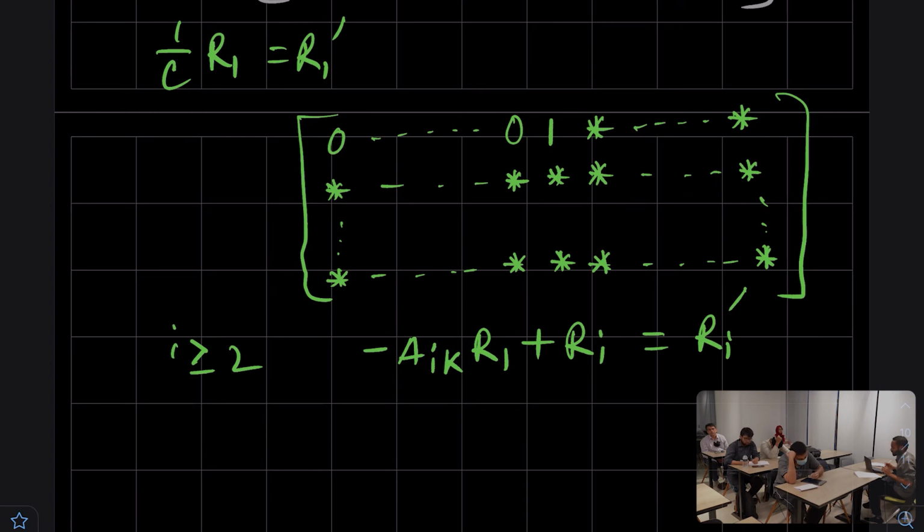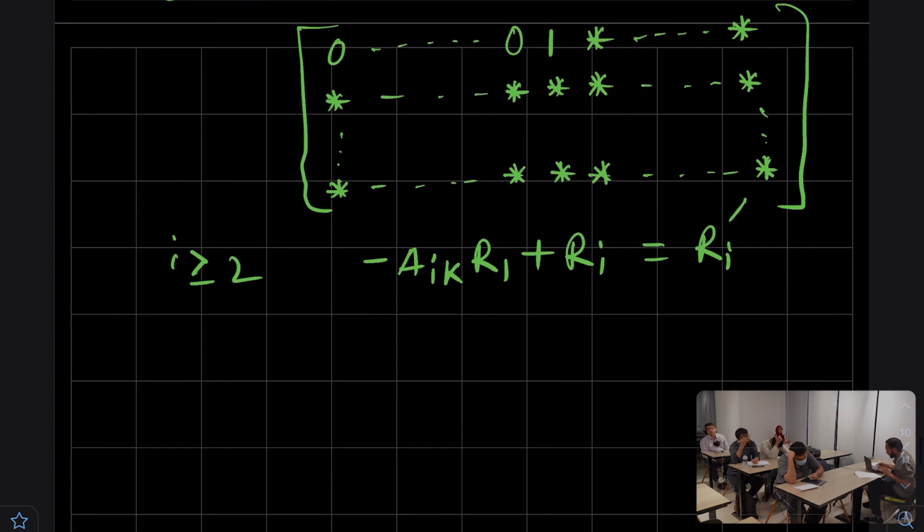Then this matrix will be 0, 0, 1, star, star, star.